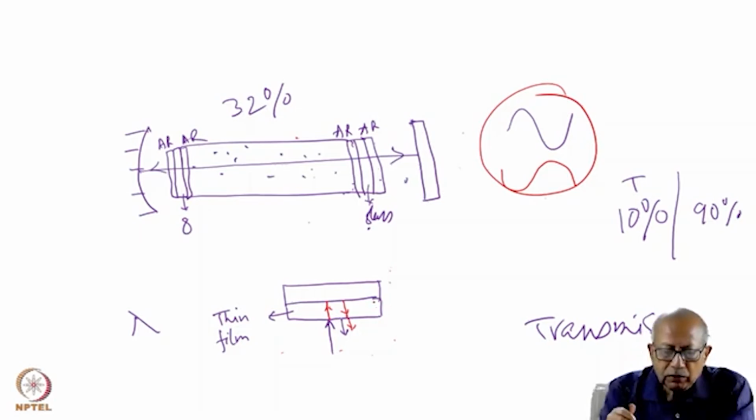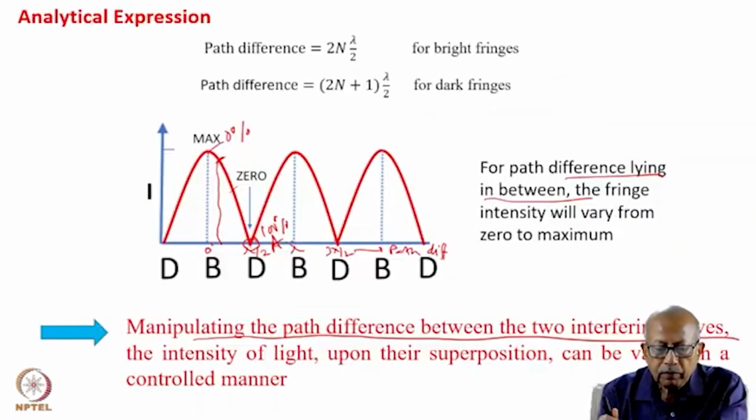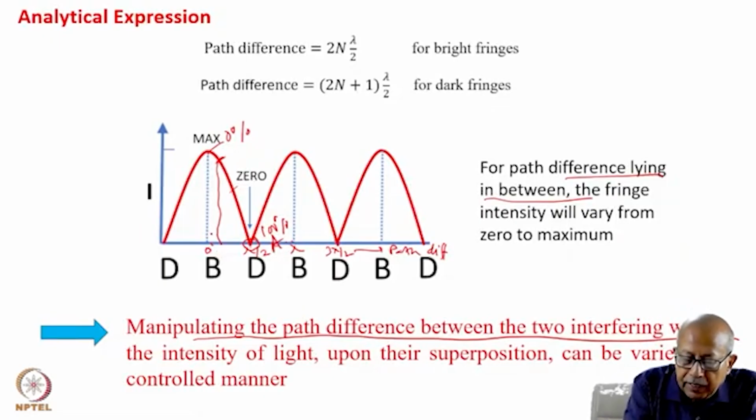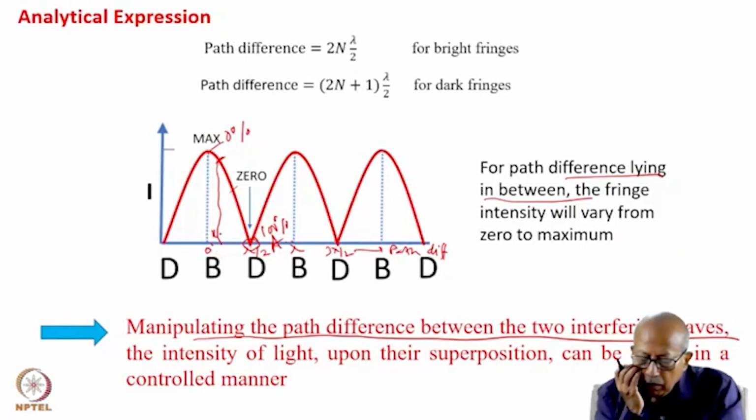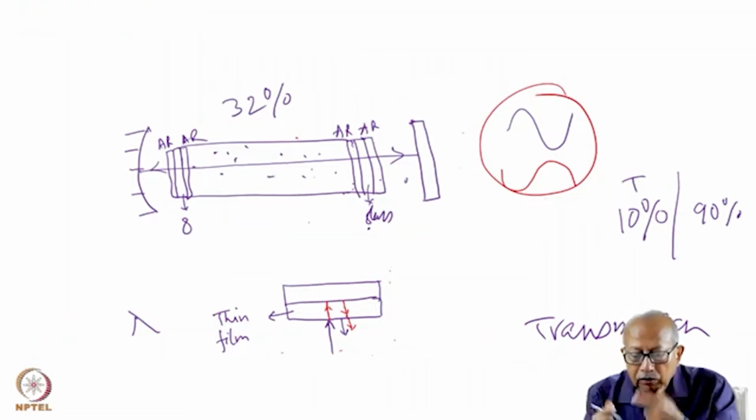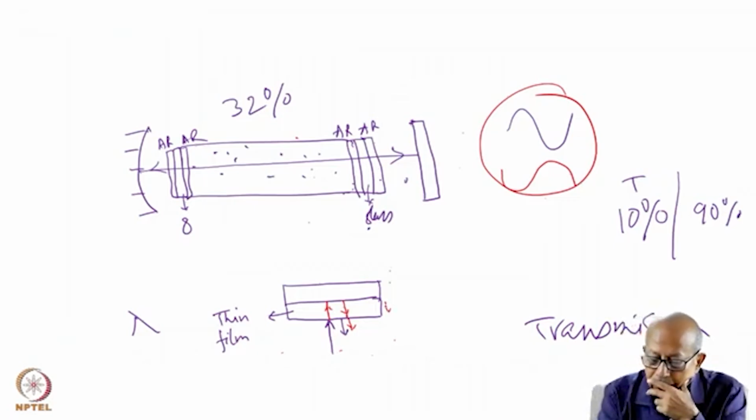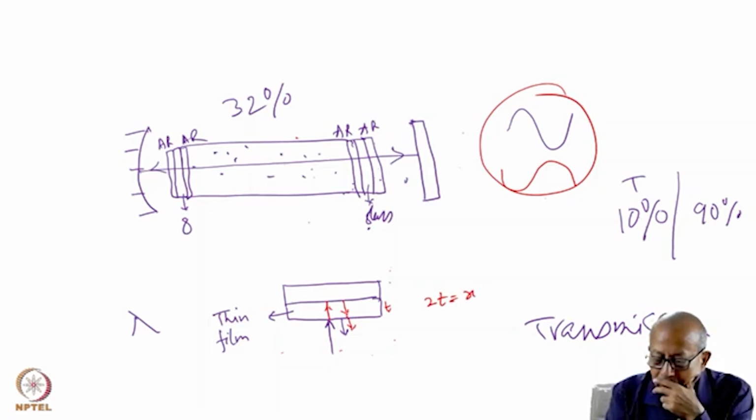Suppose this path difference is x. So our thickness of the film now would be 2t equal to x. 2t is the path difference between these two. This is returning from this interface and this is returning from this.